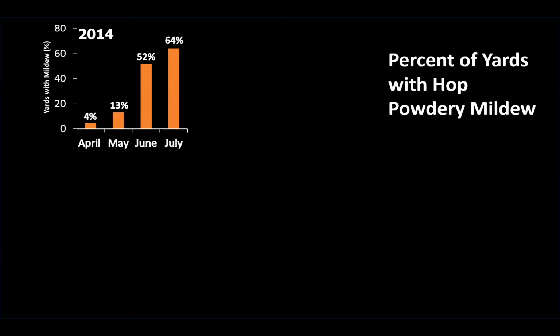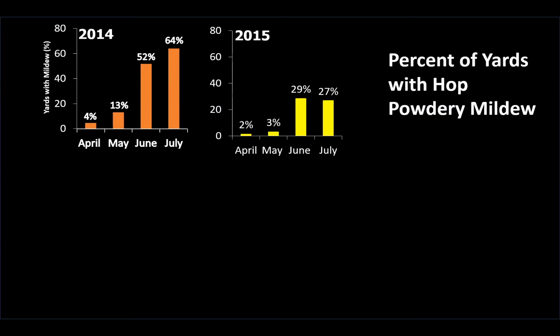So as I said before, in April and May, there's relatively low levels of disease, and then there's a large increase in June, and then similarly in July. Then in 2015, we see that same pattern, a large increase in the amount of disease that we detect between May and June.